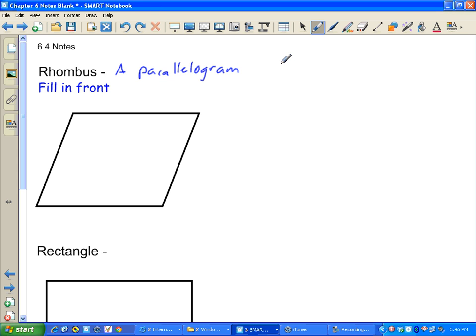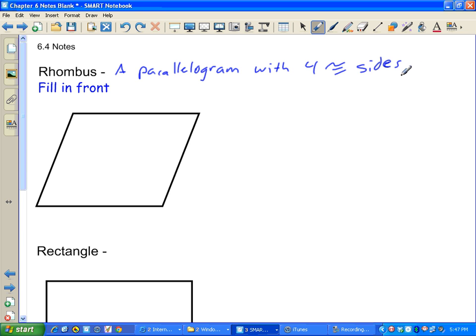It's going to have opposite sides that are congruent, opposite angles are congruent, the diagonals will bisect each other, consecutive angles are going to be supplementary, okay, all that stuff. But it's a parallelogram with 4 congruent sides. Okay, so you get all the parallelogram properties, but you also get 4 congruent sides.